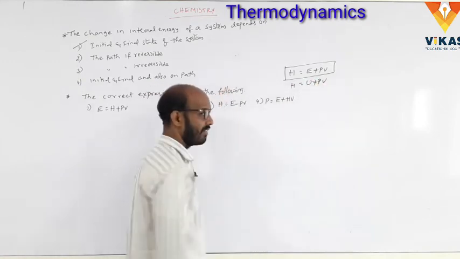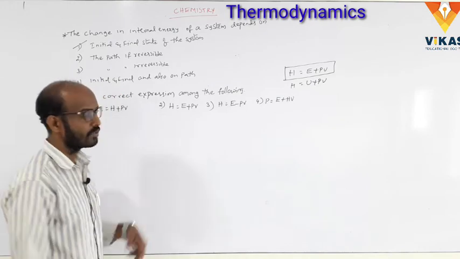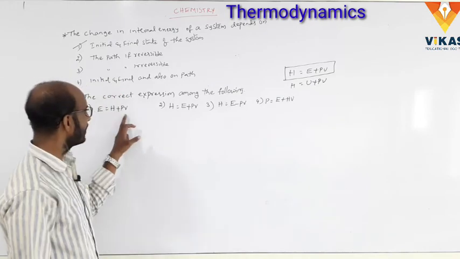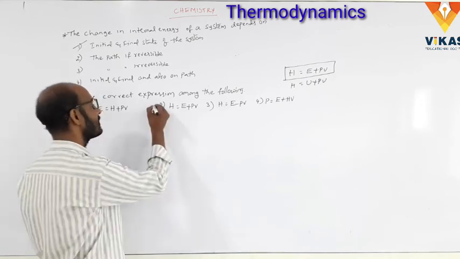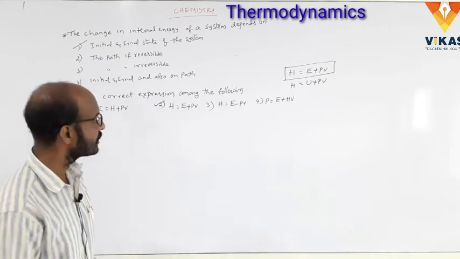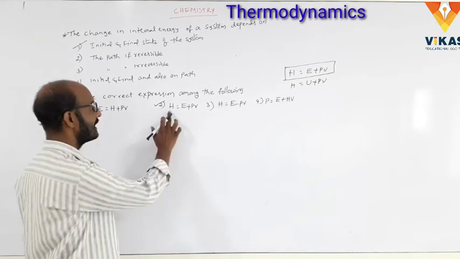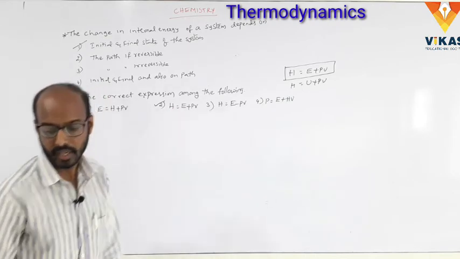You can write either one. Among these four options, the correct answer is number 2: H is equal to E plus PV. Okay? And next one.